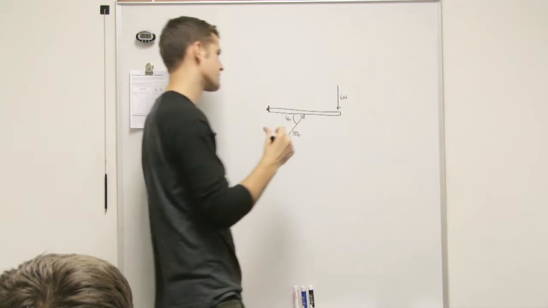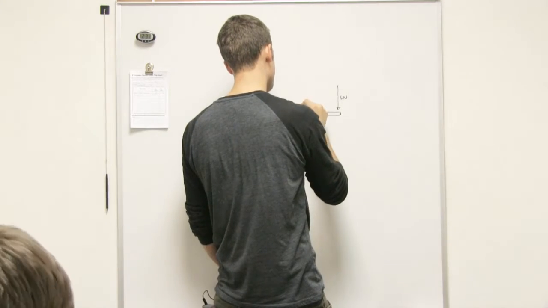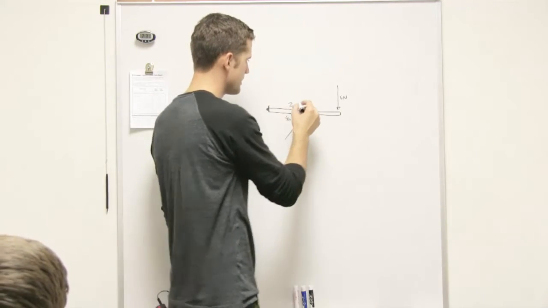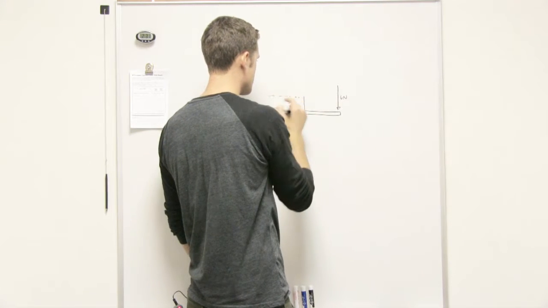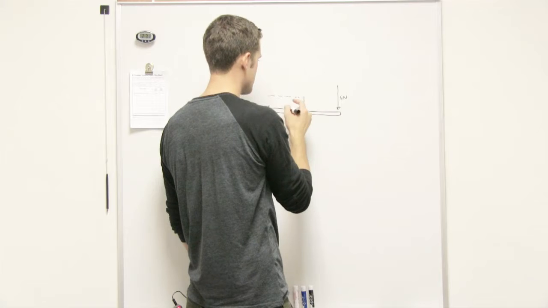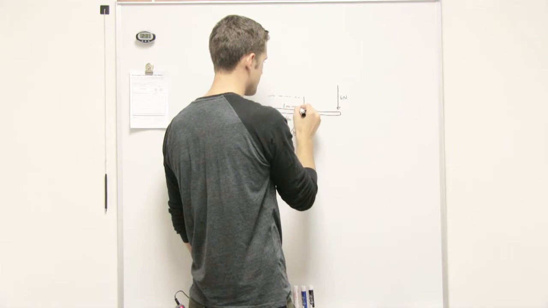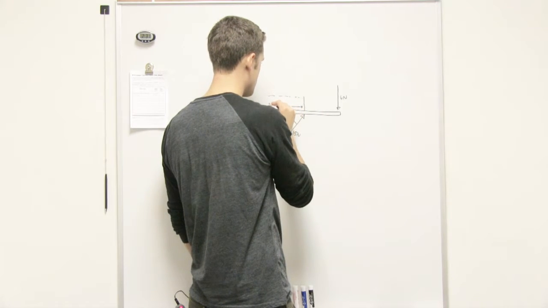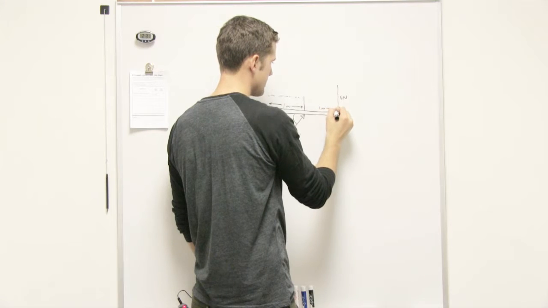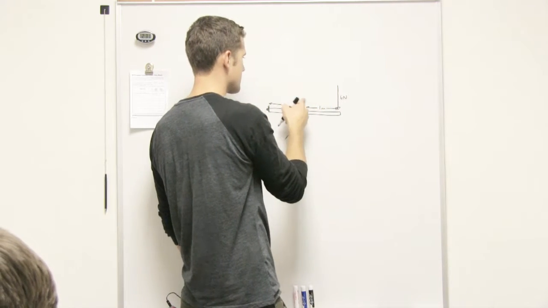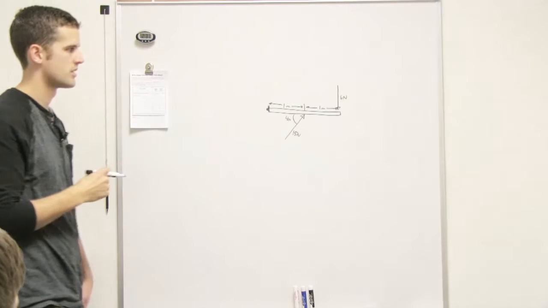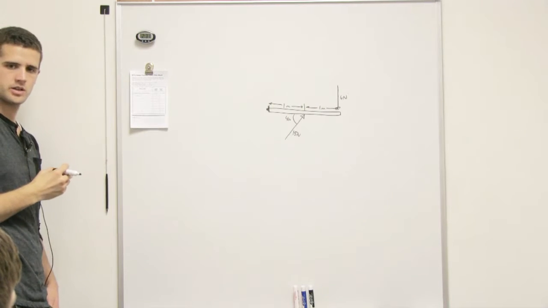Oh, and the door is, say, 2 meters wide. And this one is right in the middle. Let's see. 1 meter. 1 meter. So which way is the door going to swing?